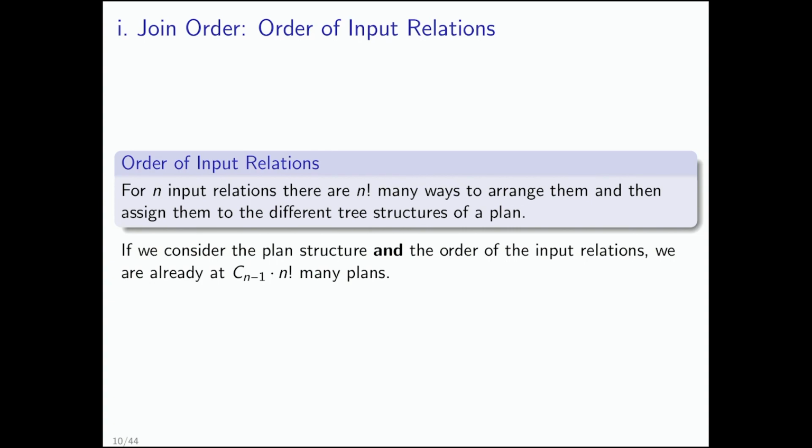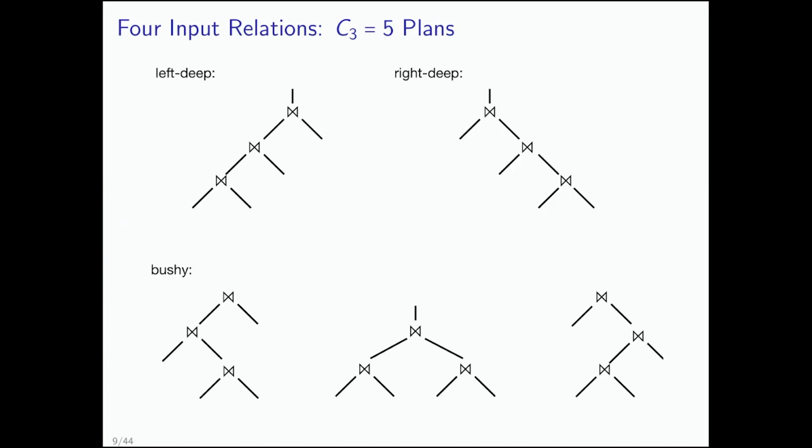What is the number of ways you can order those relations? That's basically this number. In German, it's Fakultät, n Fakultät. In English, it's factorial, that's the term. So it's n factorial number of orders you can write down different relations here.